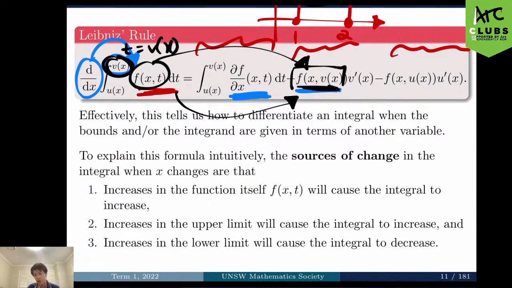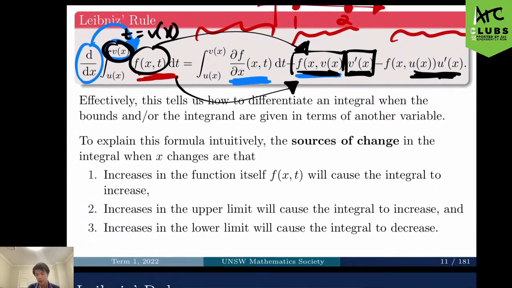And then you multiply by the derivative of the top thing. And we do the exact same thing with the bottom, but the idea is that this has to be negative, because if the bottom bound increases, then our integral will decrease, right? So that's why we have a negative here. We do minus the function when we sub in u, times the derivative of u, okay?